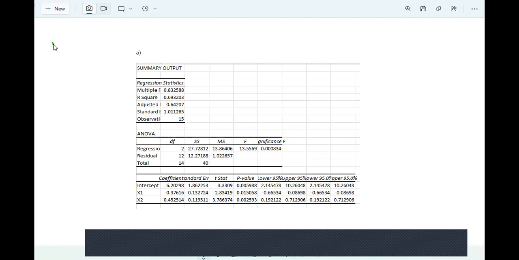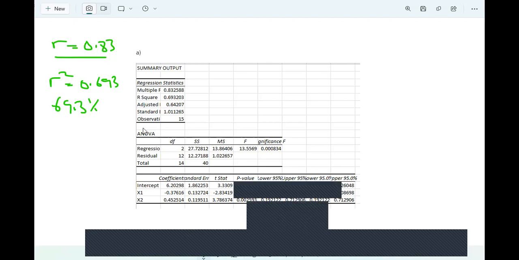Multiple R is what? 0.883. So we have a positive value there to tell us that there's a positive relationship. And what is our R squared? 0.693. What does this tell us? 69.3% of Y is because of X. All together so far?